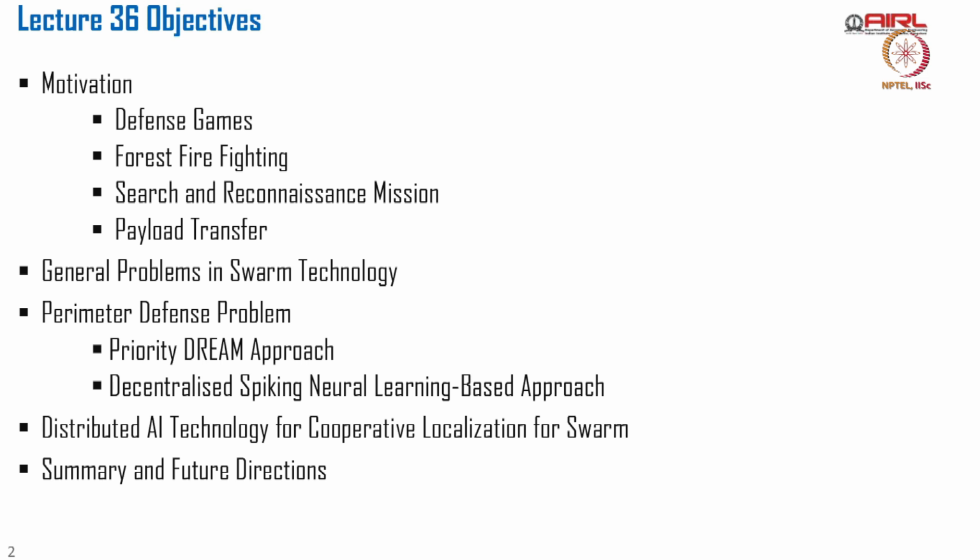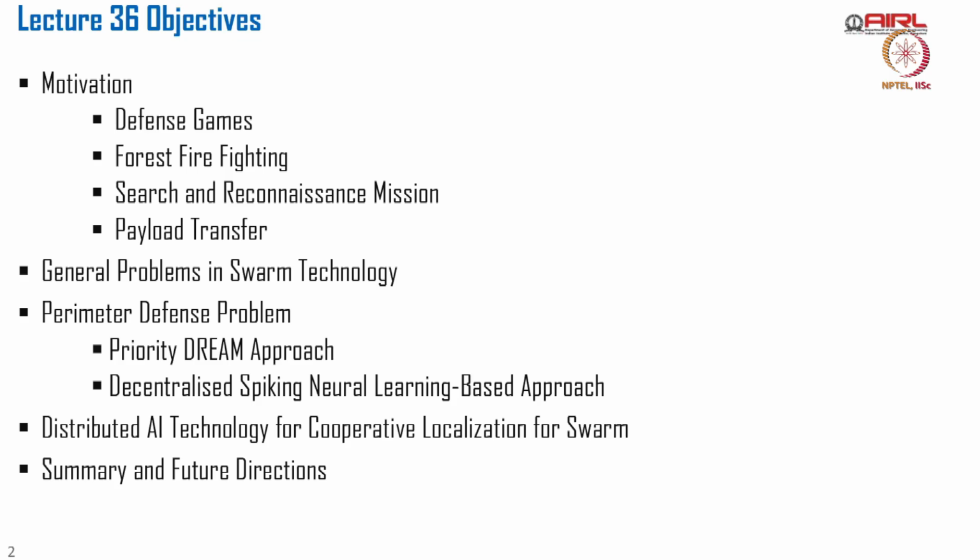Then we look at two important problems, one on perimeter defense, basically an anti-drone kind of solution, right. I want to protect my government building or a specific area, right. I have drones which are monitoring the perimeter. If I see an enemy drone entering my perimeter, I want to neutralize it.